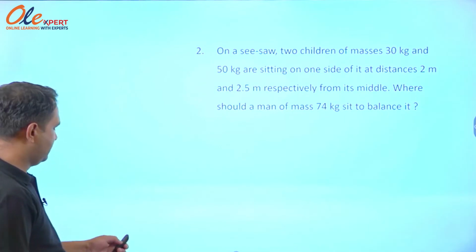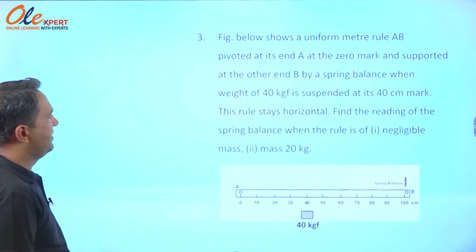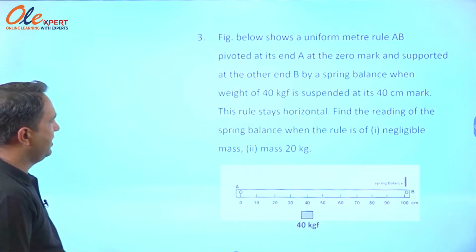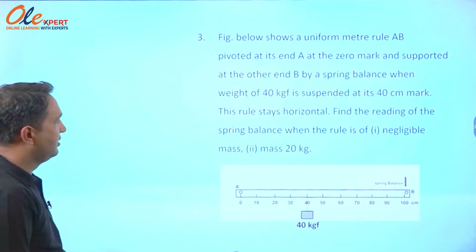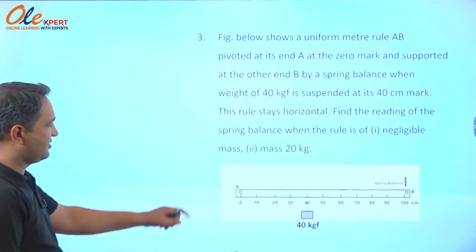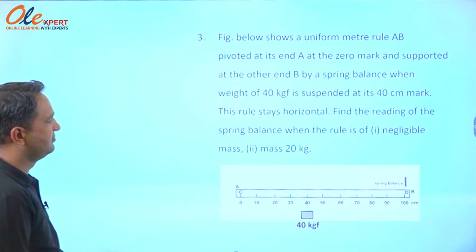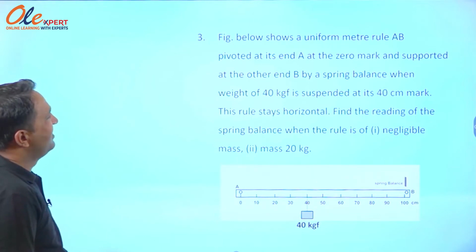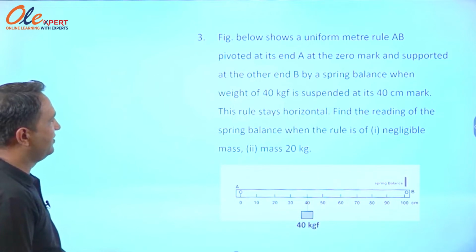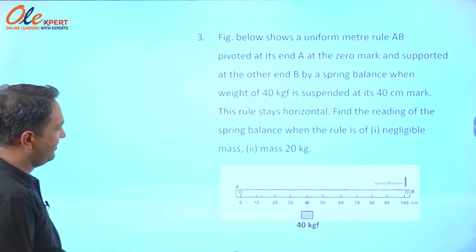Moving on next. Figure below shows a uniform meter rule AB. This time the figure is already there, so we are lucky. Figure below shows a uniform meter rule AB pivoted at its end A, right?